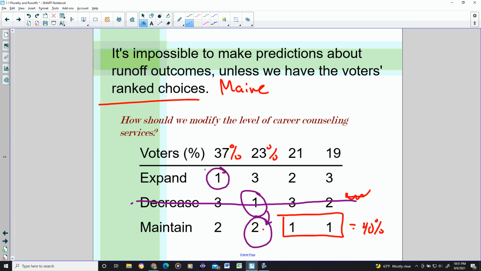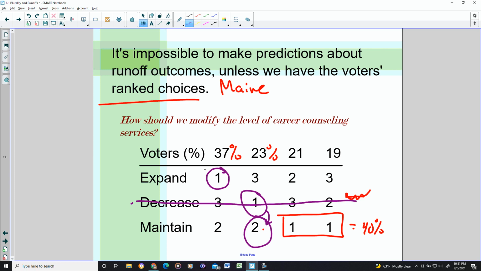Then they will drop the lowest vote total, which is usually the third party, and then go to their second choice. So the results are essentially identical to what would happen in a regular vote. The only difference being it encourages people to vote for third parties, and I think that's a pretty good thing.